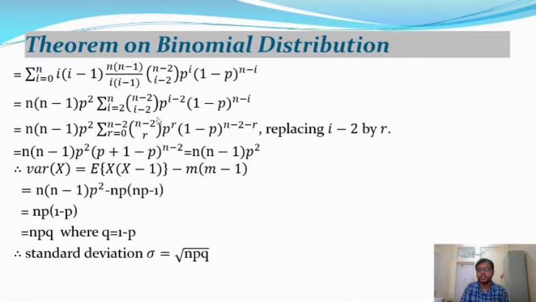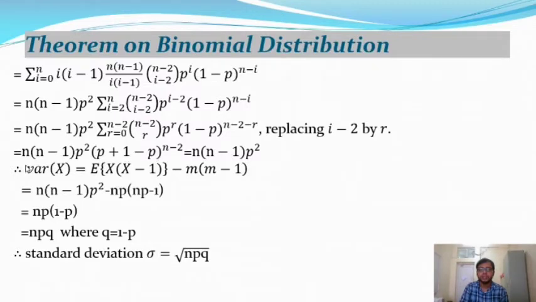And p plus 1 minus p gives 1, so 1 to the power n minus 2 is 1.